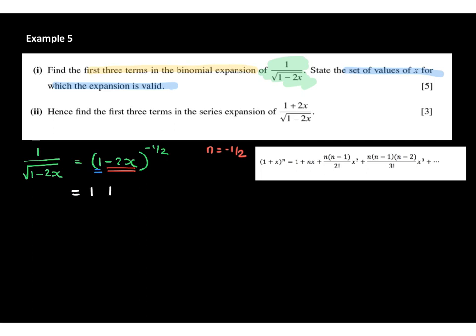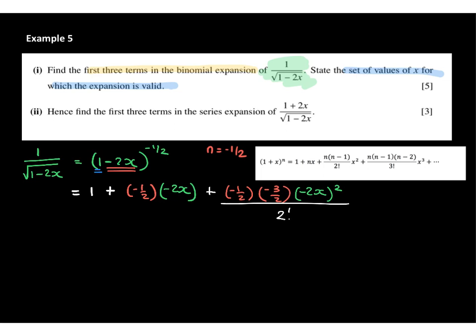So 1 plus n multiplied by x plus n(n minus 1)x squared all over 2 factorial, and then just make sure we simplify this very carefully. So we've got 1 plus x plus 3 over 2 x squared, and there we have our first three terms.